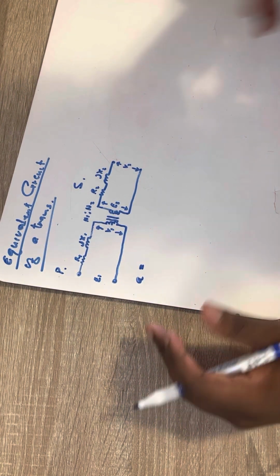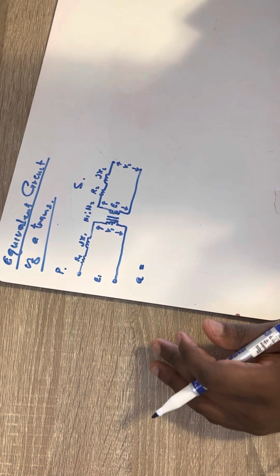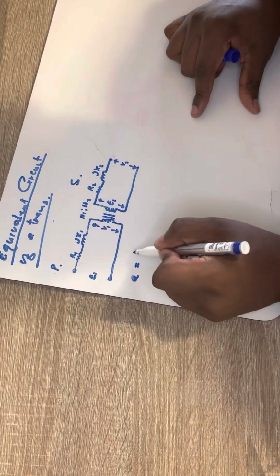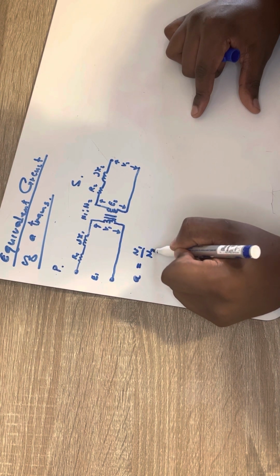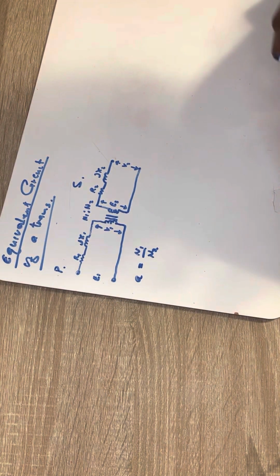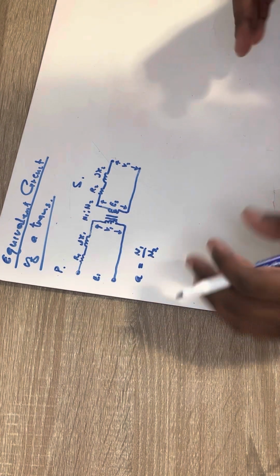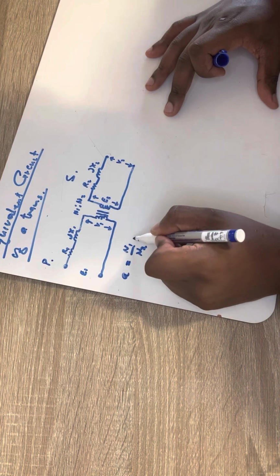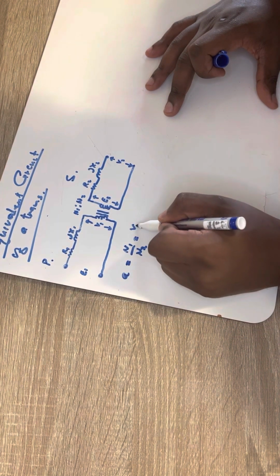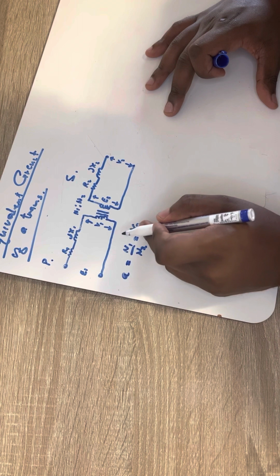So this is now represented in the form of a ratio, which is N1 over N2. The ratio affects the voltage and the current, especially also the resistance, especially if you are referring to the primary or to the secondary side.